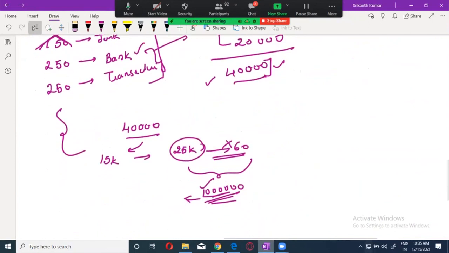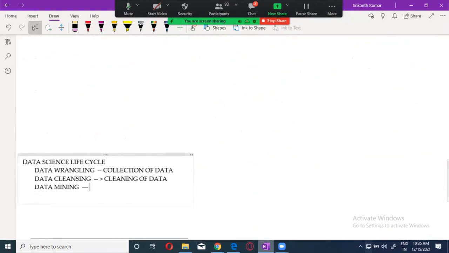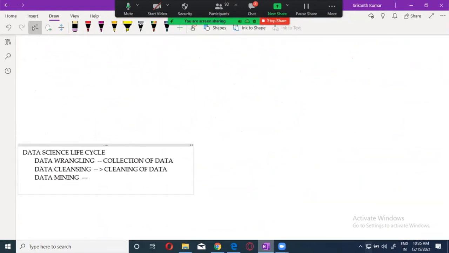How is this happening? Going deeper and deeper into the data, you will understand this. This process is called data mining. This is nothing but understanding the relationship within the data.